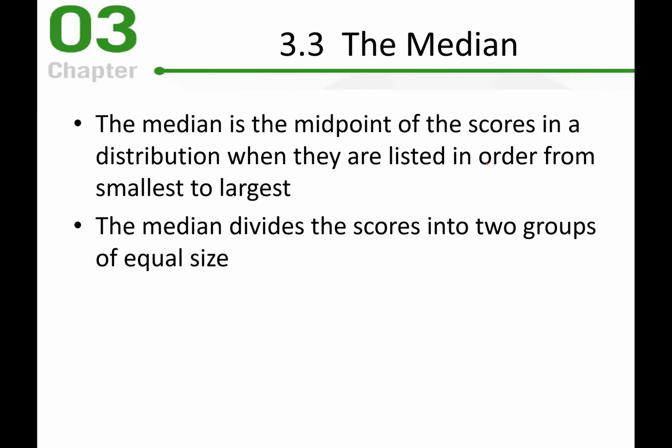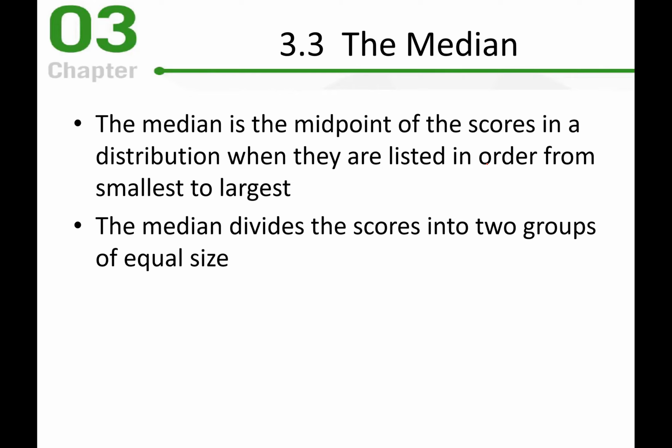And so the median is the midpoint of the scores in a distribution when, and this is very important, they're listed in order from smallest to largest. The median divides the scores into 2 groups of equal size. So the median is a 50% line, dividing our population or our sample of scores into 2 equal sizes.